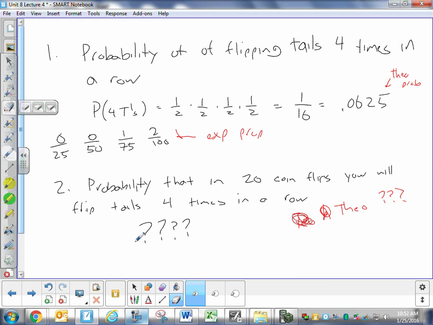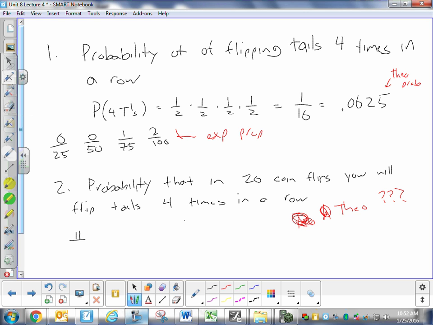No, we don't care. Okay, well, 11 out of 25 of us got 4 in a row. Let's do it again. Now, be honest. Remember, count. You only get 20 tries. See if you can get 4 tails in a row somewhere in the 20 tries.